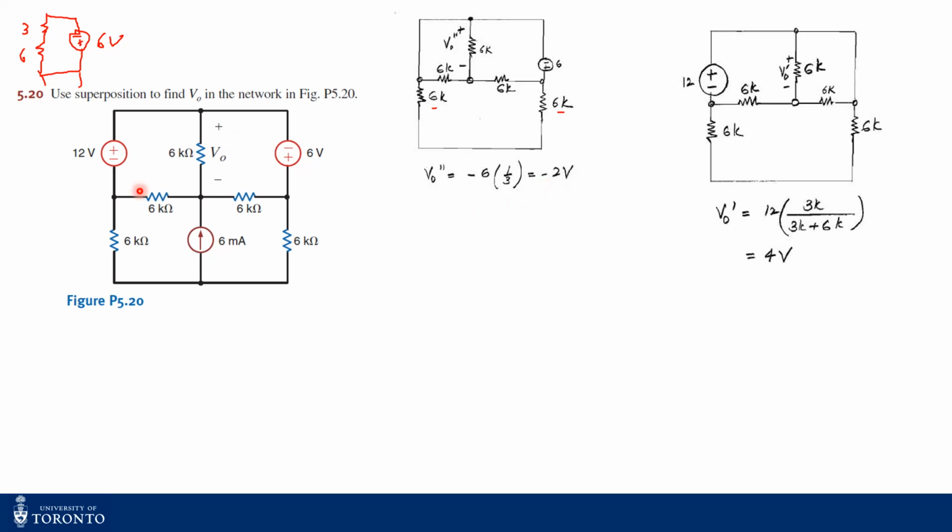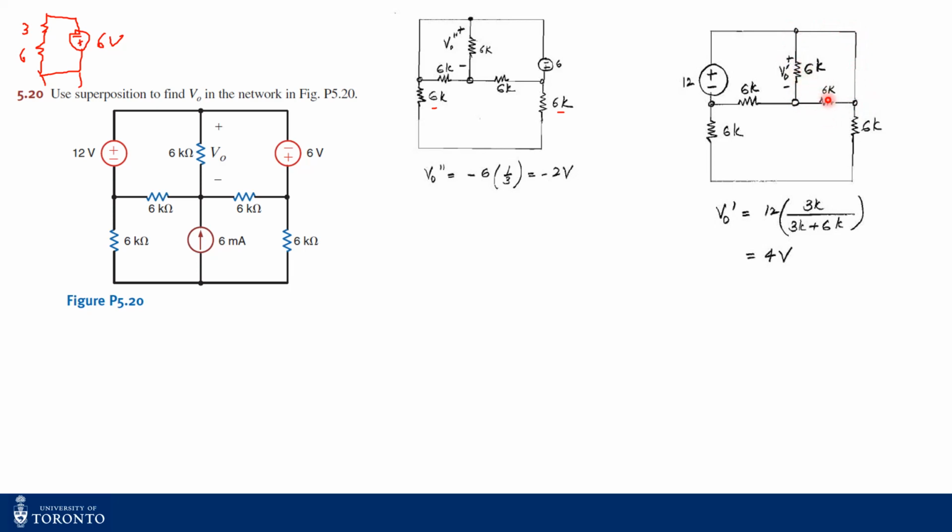Now to find out the 12-volt source contribution to this V naught, we turn off this voltage source, it becomes a short circuit, and we turn off this current source, which becomes an open circuit, and the equivalent circuit is shown here, right? Similar to the previous circuit, this 6 kilo ohms is in parallel with this 6 kilo ohm because they share one node here and they share another node here. So these two resistances are in parallel.